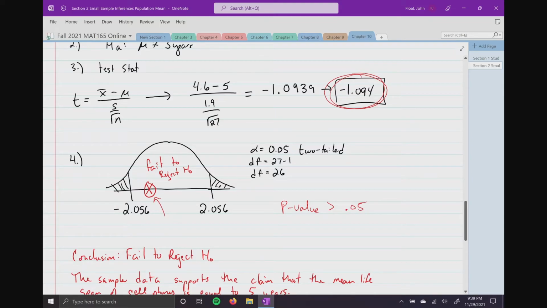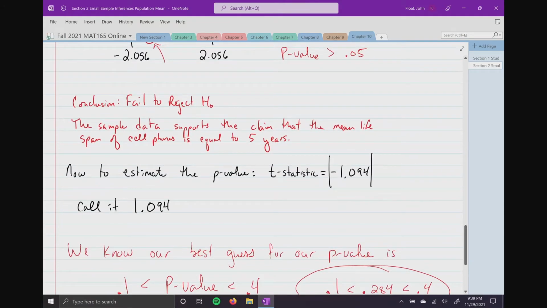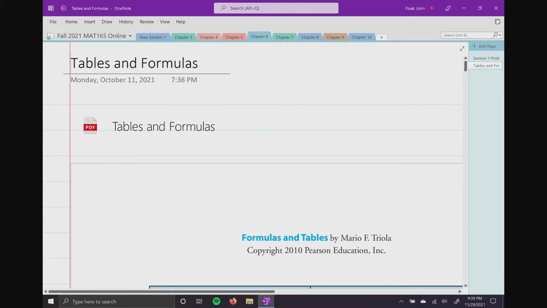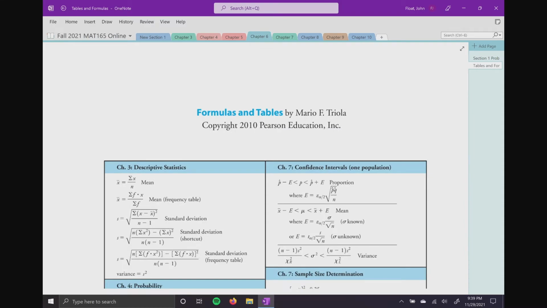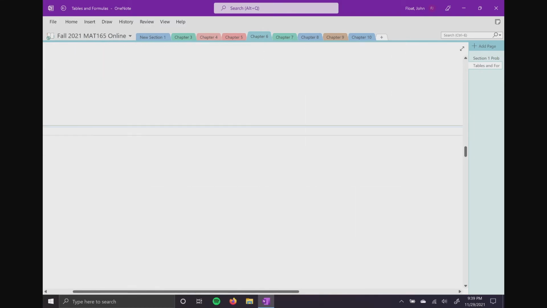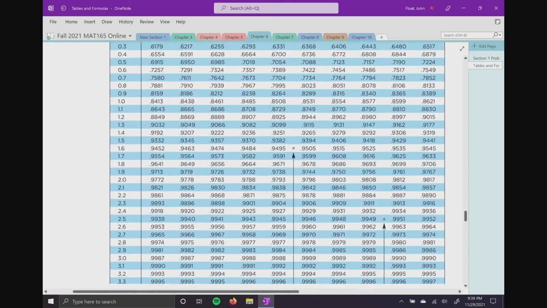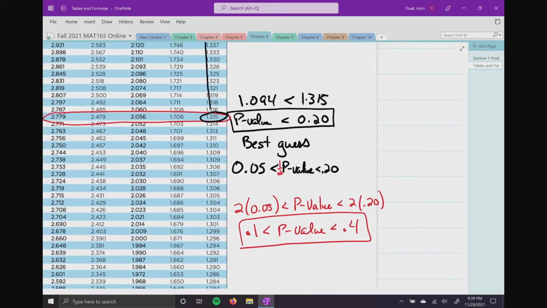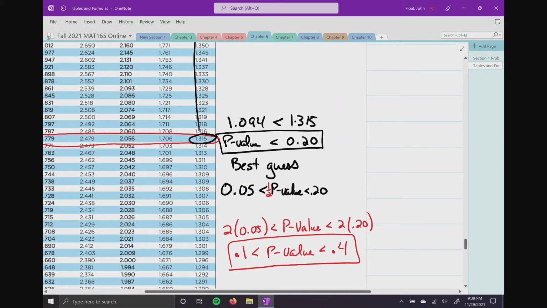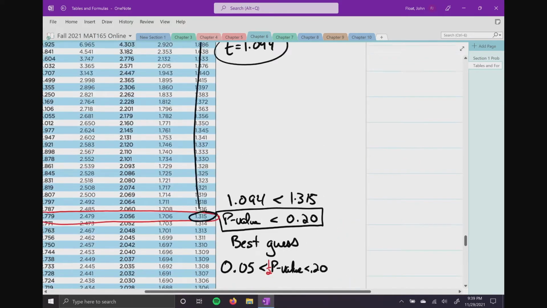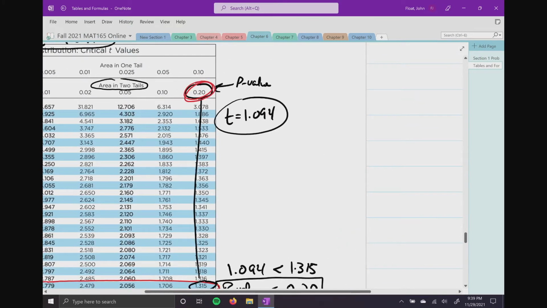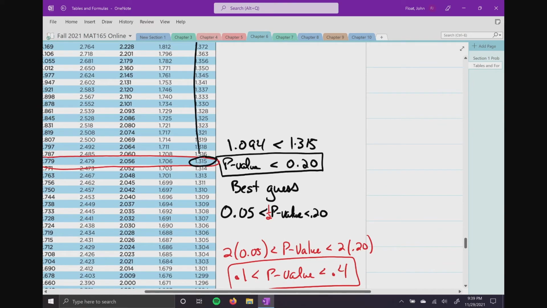So when we go to estimate it, we had to use that approach. Sorry, I know I'm bouncing all over the place here. A lot of tables, as you can see. So I know our p-value has to be less than 0.2 because that is the column it appeared in. But it also has to be greater than 0.05.